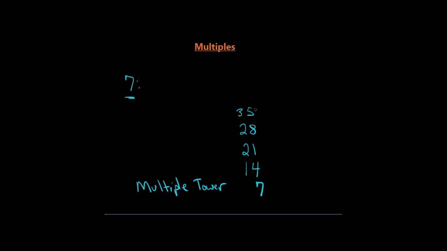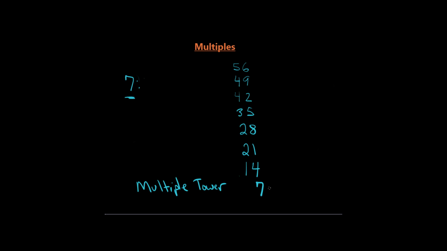You don't have to. They'll go forever. So there's no way to list all the multiples because they would just keep going as far as you could ever count. So I'm just going to make it to the top of the page till I run out of room. Okay, so the multiples of 7 are 7, 14, 21, 28, 35, 42, and so on.